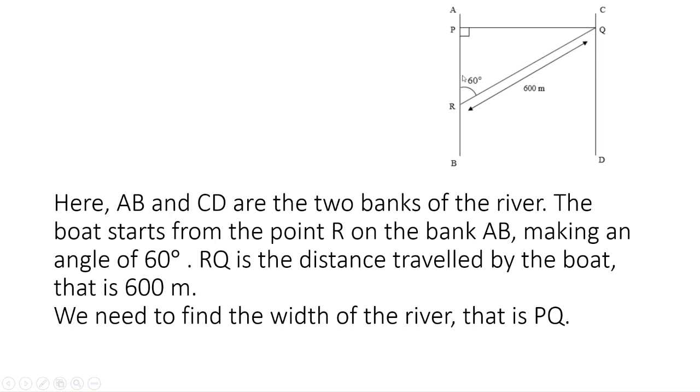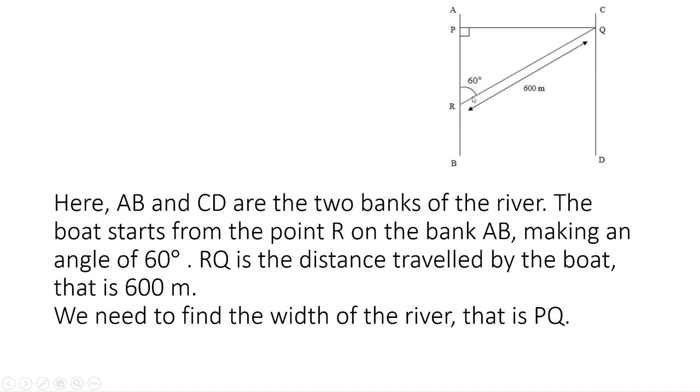So here, if you observe, AB and CD are two banks of the river. Let us imagine the boat is starting from the point R on the bank AB, making an angle of 60 degrees. It is given in the problem.